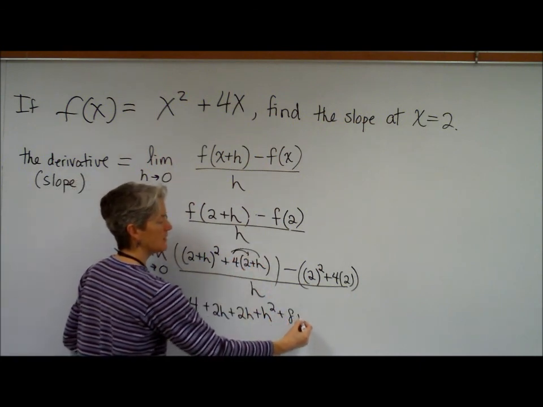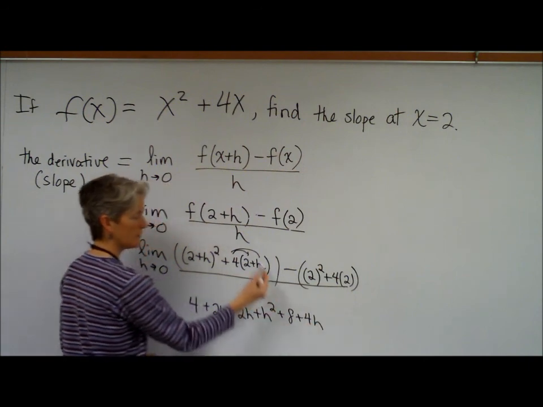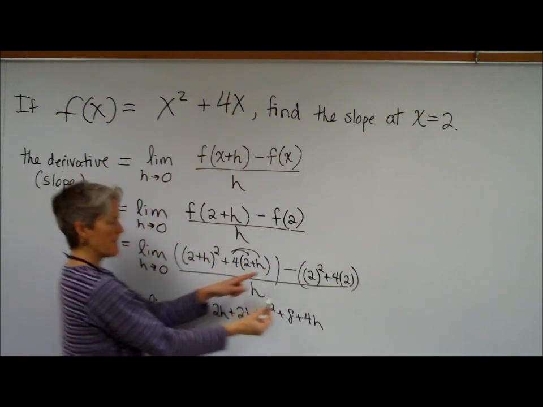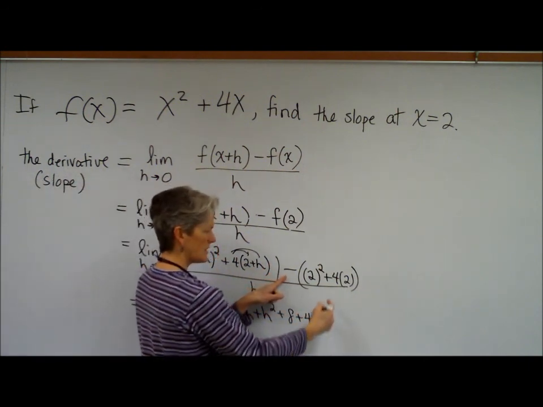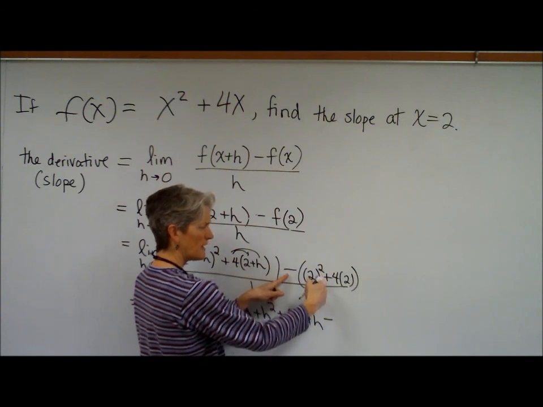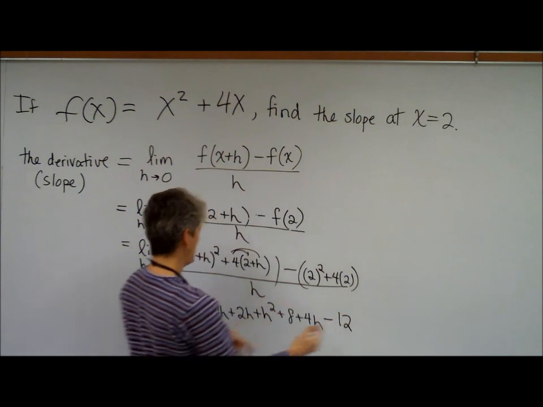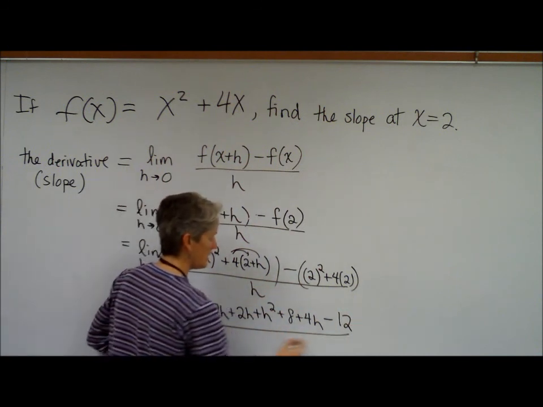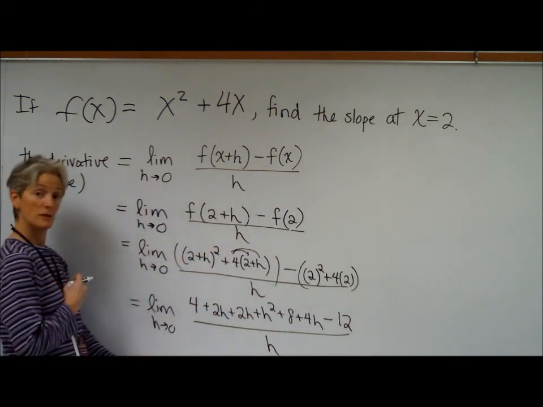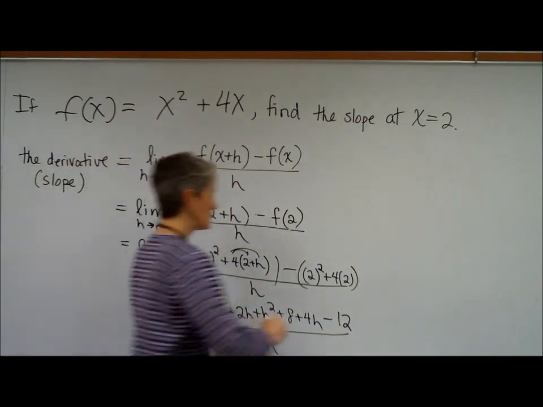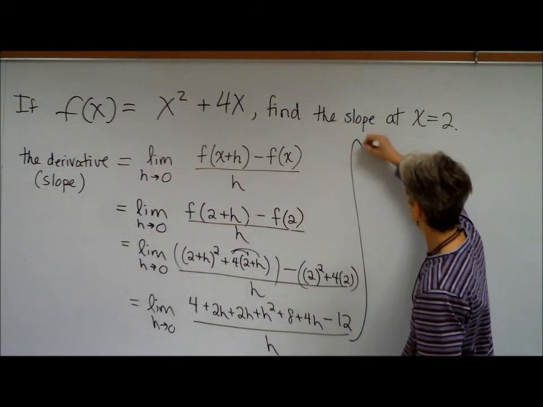Plus 8, plus 4h. Okay, I took care of this part. Minus, let's see, 2 squared is 4 plus 8 is 12, all over h. Okie dokie, let's come on up here.